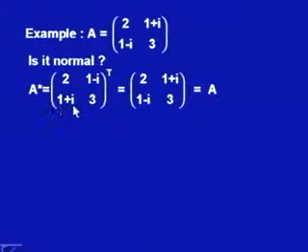When we take the transpose, rows become columns: the first row will become the first column and the second row will become the second column. If you compare this matrix with the given matrix, we can notice that this is nothing but A. So, A star is equal to A.